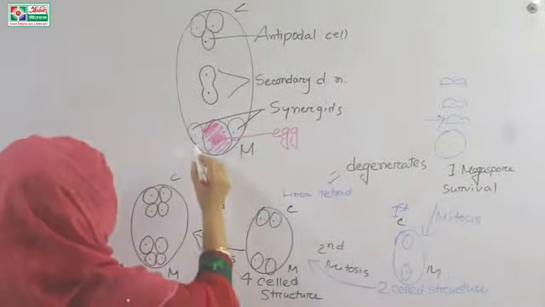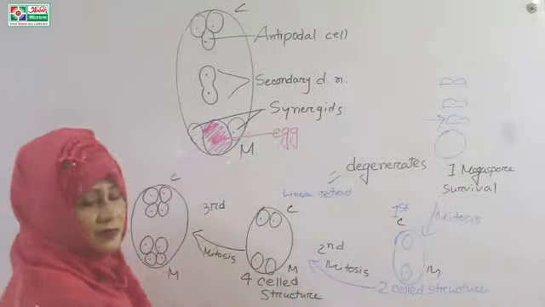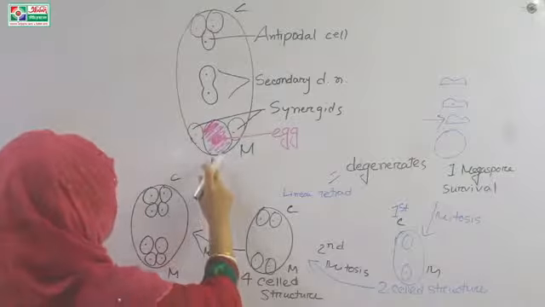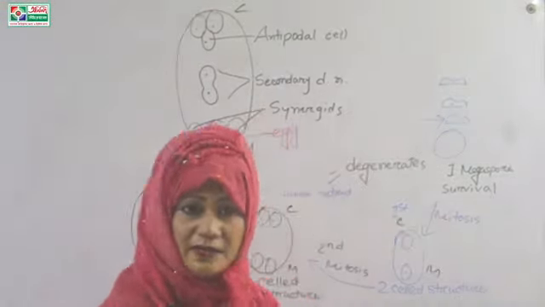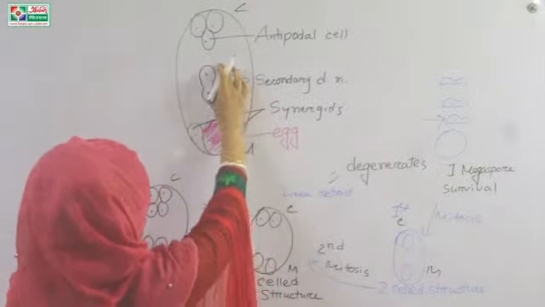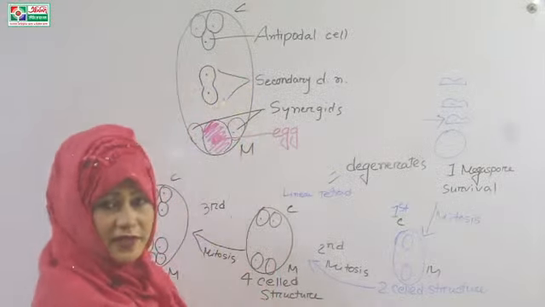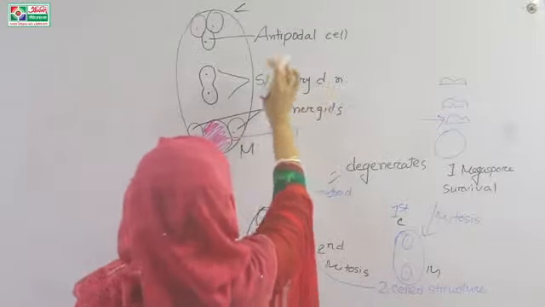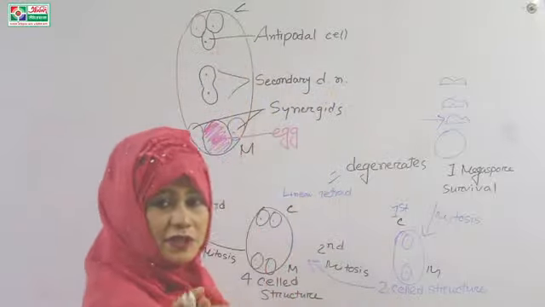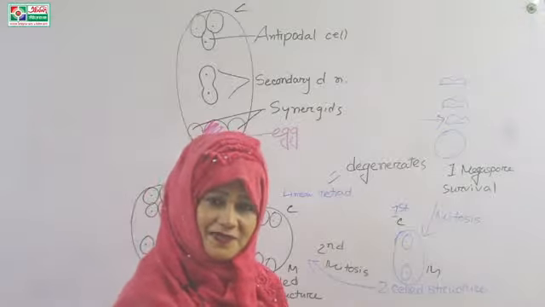Right? So these two are synergids. The central larger cell is known as the egg, and this cell is known as the secondary diploid nucleus, and these three cells are collectively known as the antipodal cells.